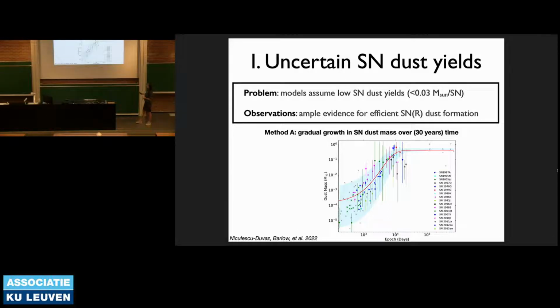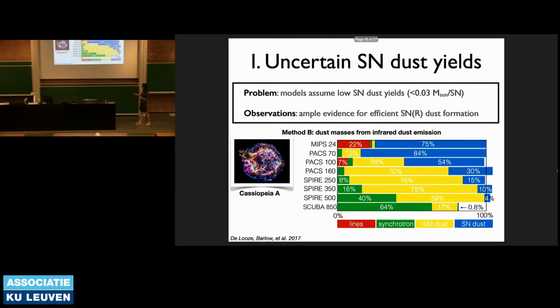The interesting side note to mention here is that models currently predict that all the dust should have formed in supernova remnants in only, let's say, a few thousand days, so between 1,000 and 2,000 days. While here, clearly from the observations, we see that it's a much more gradual process. So that's another inconsistency between model and observations, but something I won't focus on during this talk.